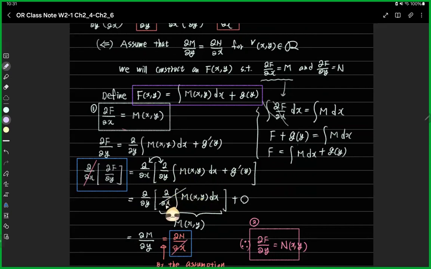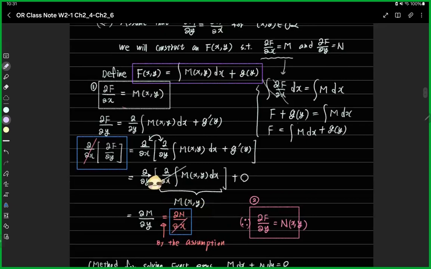Taking the partial derivative with respect to x, they cancel out. So we got M, and then the partial derivative of M with respect to y is equal to this. We got this one right here, you see? Now then what? We assume that what?